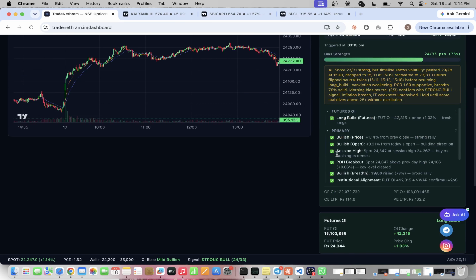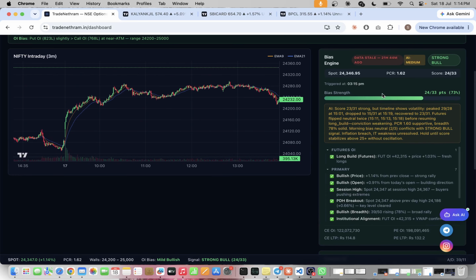Now if I talk about this AI section, every data layer that we are getting from our data source is being fed to the AI. There is an inbuilt AI that takes all this information and gives you the bias and how confident it is. Based on the momentum, maybe the index moves 2%, 3%.